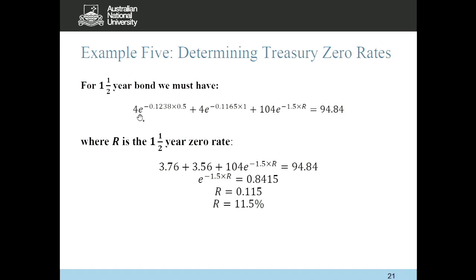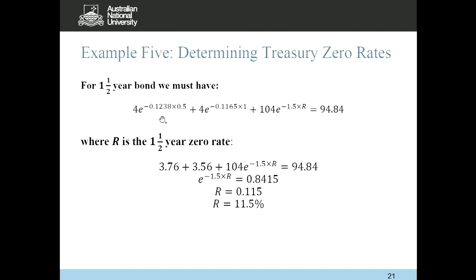You're using the 6 months zero rate to discount the first coupon, and the 12 months zero rate to discount the second coupon. And lastly, we have this unknown, which is the 1.5-year zero rate. And we discount the principal plus the last coupon back 1.5 years. And we know how much it's selling for. It's selling for 94.84. So we have 1 unknown variable and 1 equation, and we can solve for that, right? So we can back out the 1.5-year zero rate is 11.5%.